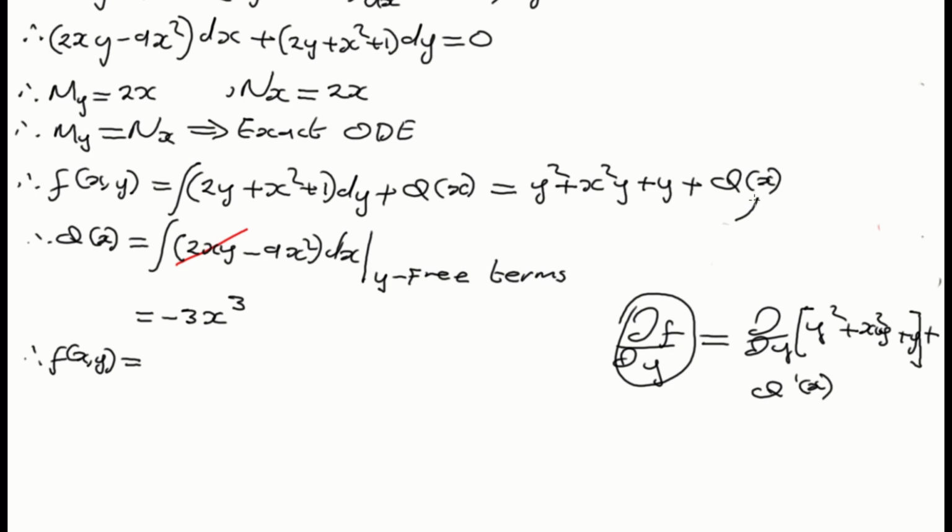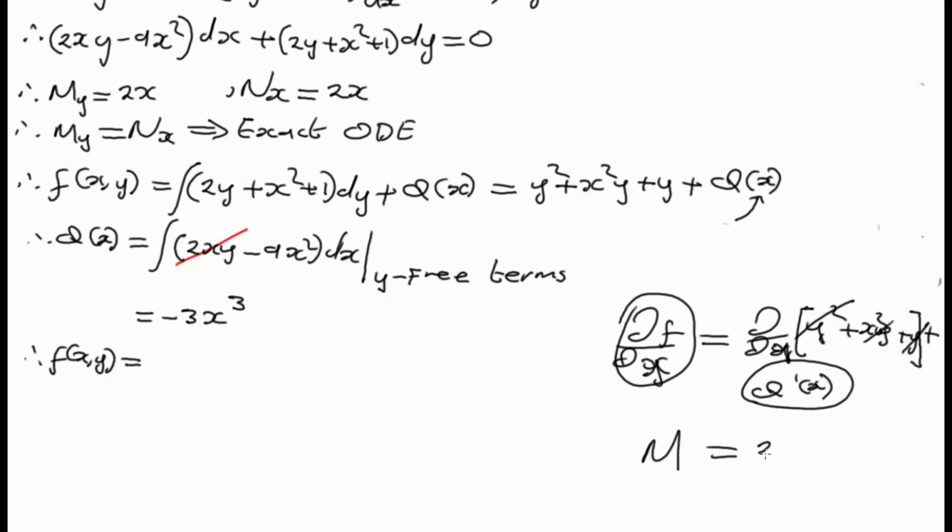Sorry, q of x means we differentiate with respect to x. Then you equate this thing. It means you now have to equate it to the m, and then the derivative with respect to x here will be 0, etc. This one will be 0. And then there will be some terms here.